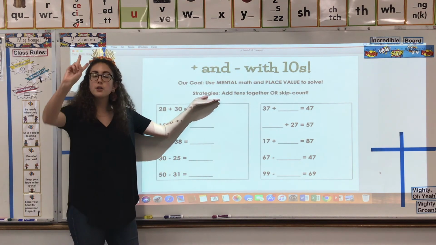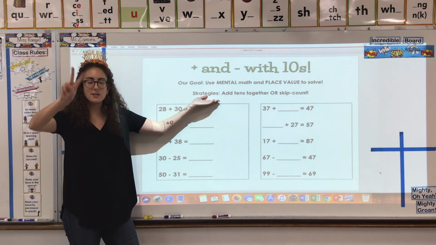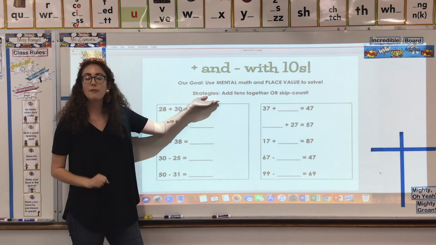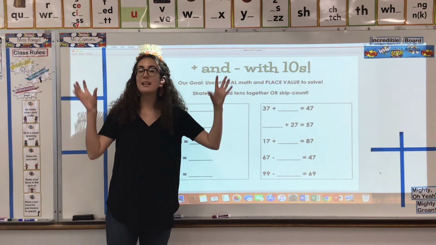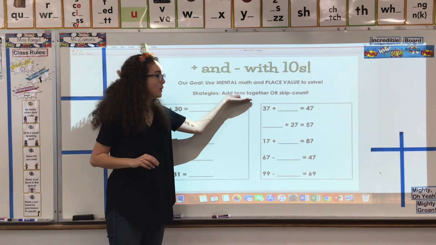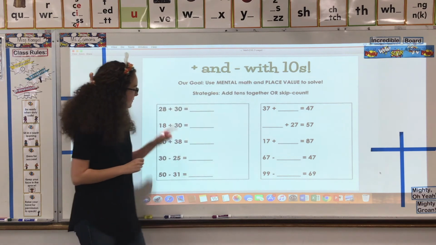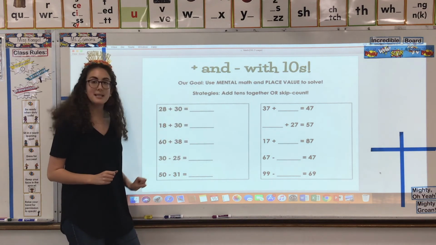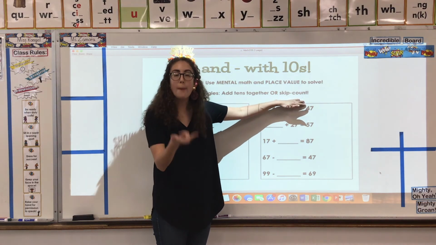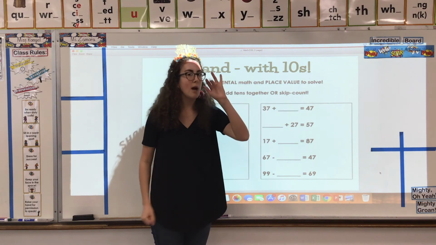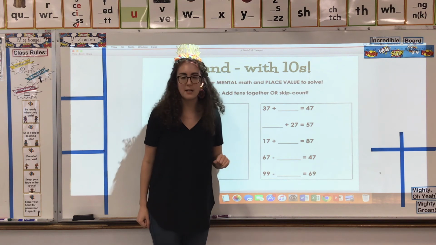That means you've got 2 options for your strategies. 2 choices you have for the tool you want to use to solve. You can add or subtract the tens. So remember, you can just work with the tens, add and subtract just the tens, or you can skip count up and down by tens, and you got to keep track of how many you're counting.